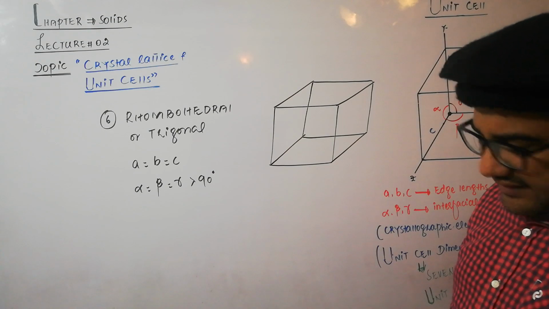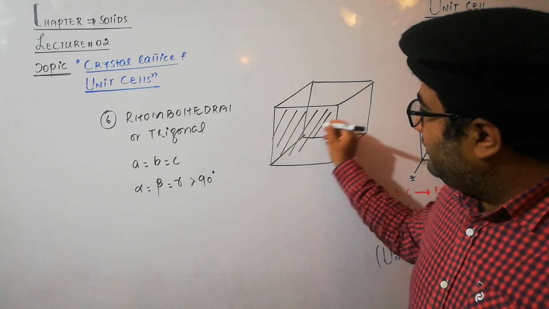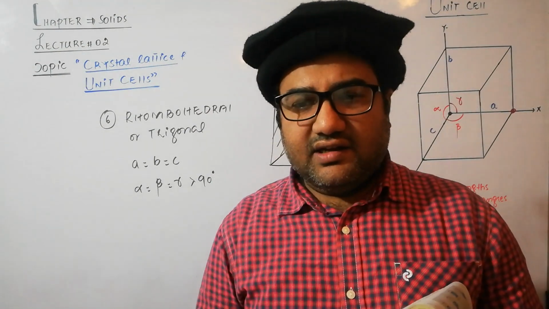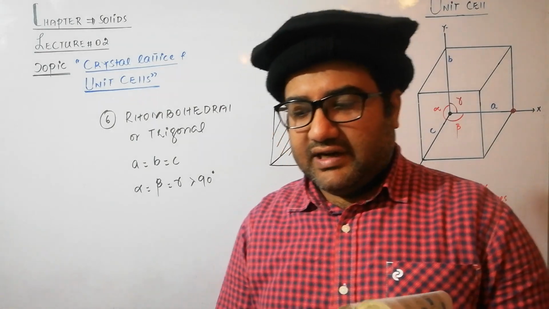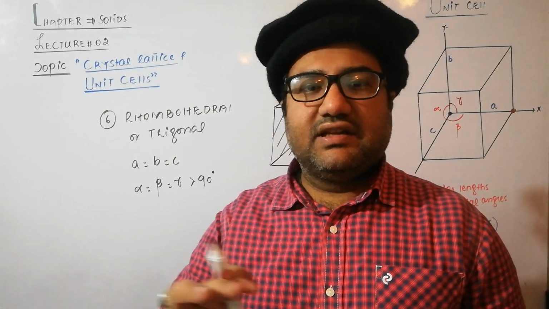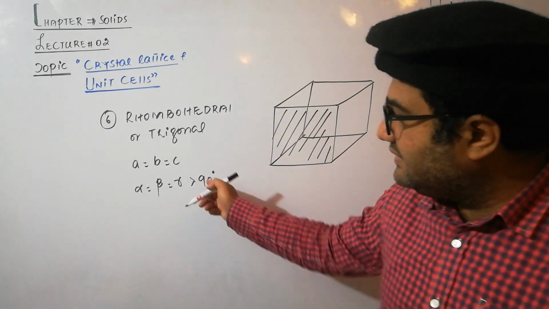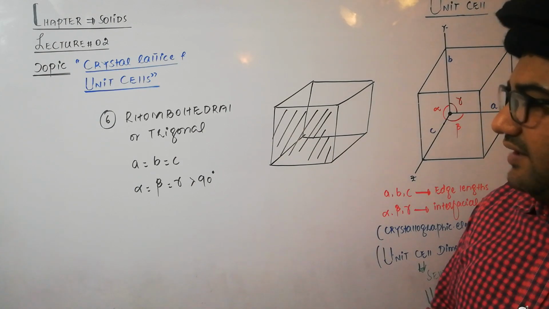And this one will be the example of the rhombohedral unit cell. It is just like a cube, but it will not be just this perfect cube, slightly unsymmetrical, because the angles are not perfectly 90 degree, they are slightly greater than 90 degree.